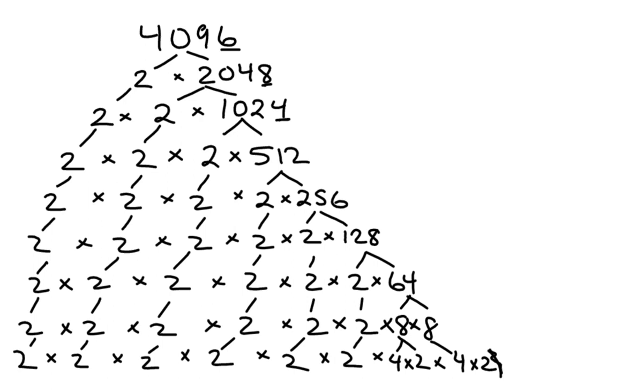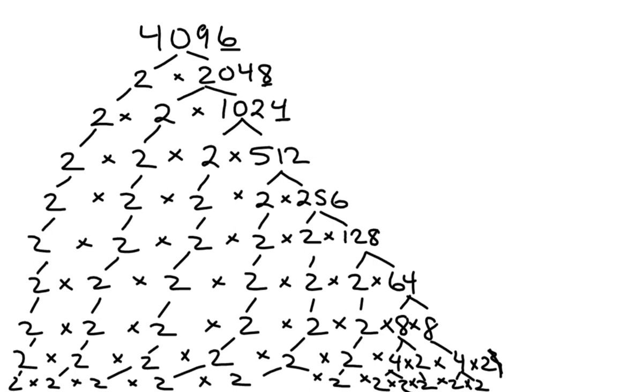And now, last one. 2 times 2 times 2 times 2 times 2 times 2 times. The 4 is 2 times 2. Bring down that 2. Times 2 times 2. And bring down that last 2.